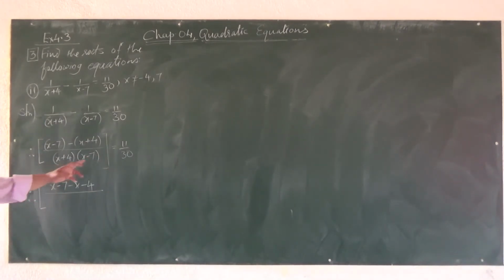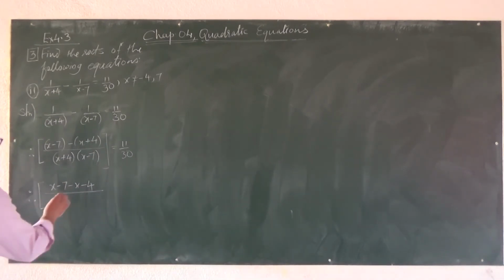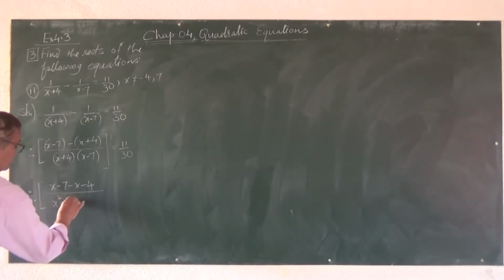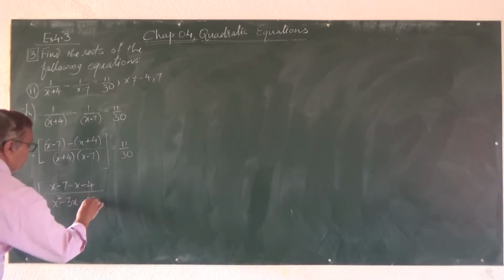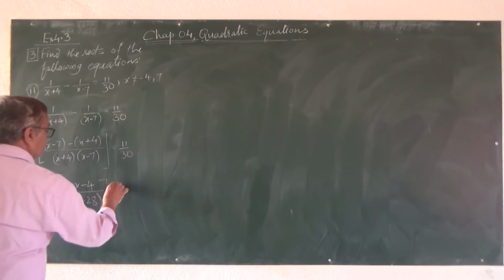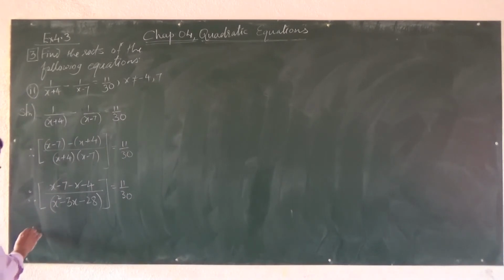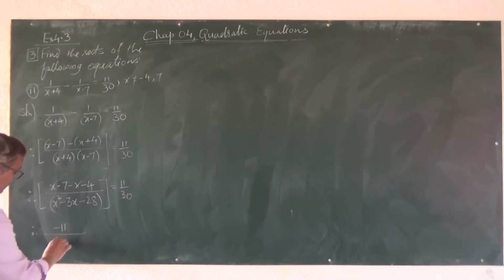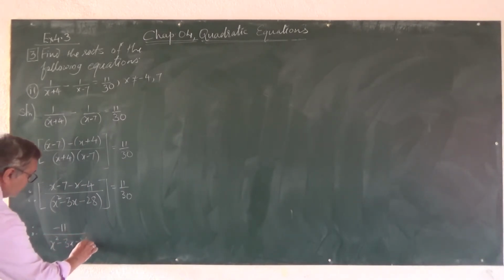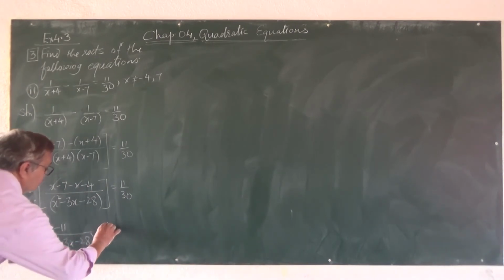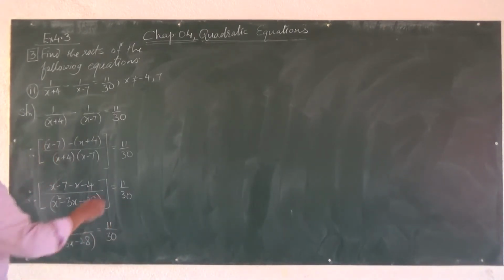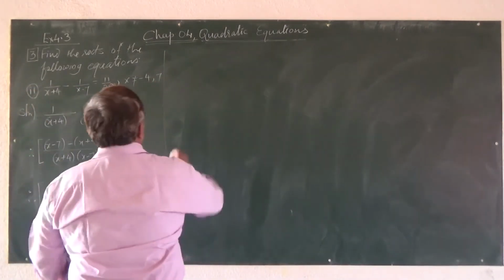Use the formula x plus a into x plus b, or find the product of x plus 4 into x minus 7. This product is x square, plus x minus x cancels. What remains is minus 7 minus 4, that is minus 11, upon x square minus 3x minus 28 is equal to 11 upon 30.